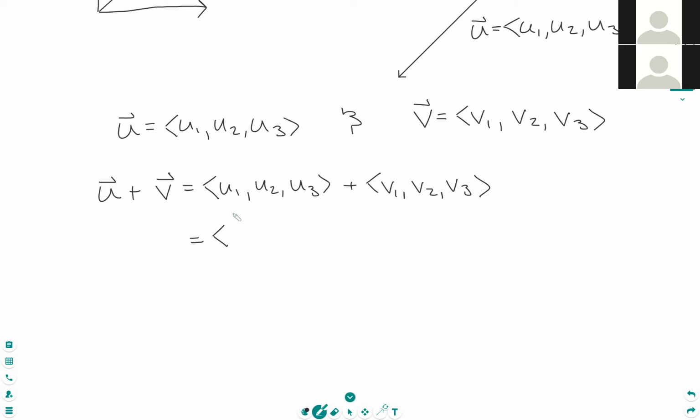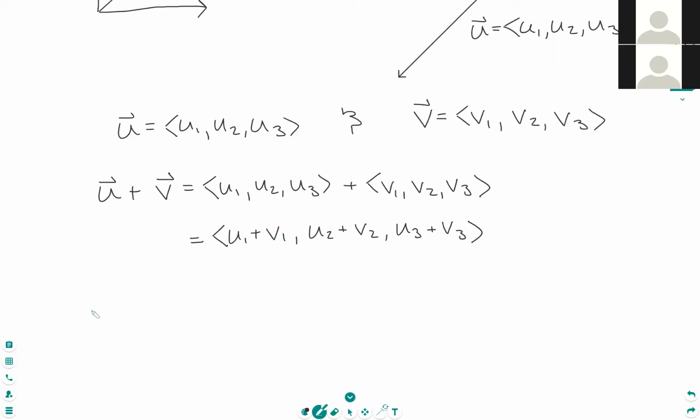Or I can do this component-wise, where u1 is added to v1, u2 is added to v2, and u3 is added to v3. And that's my new vector, right? Because if I changed by u1 in x, and then I added a vector that changed by v1, then the resulting change in x is definitely going to be u1 plus v1. Same thing with the y component and the z component of our vectors.